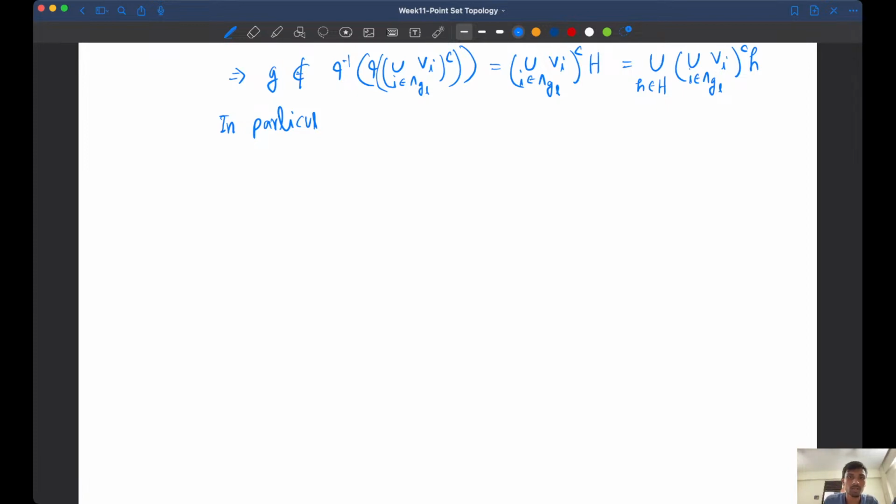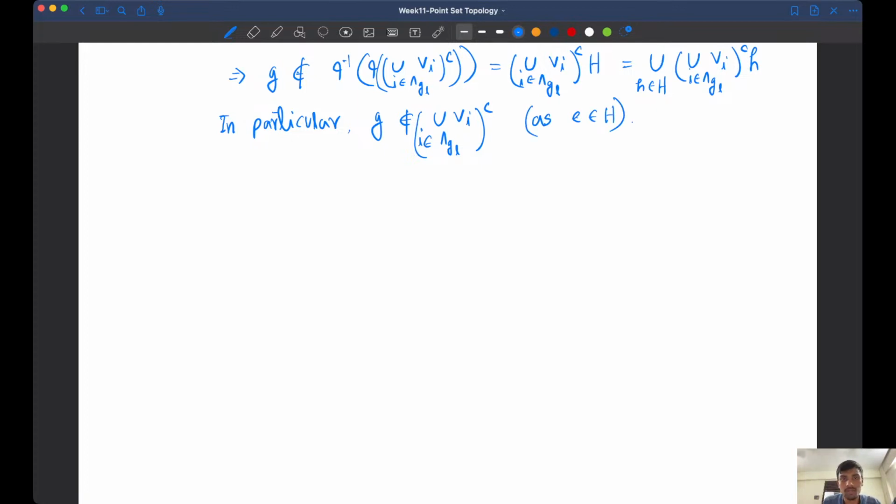So in particular I can say G does not belong to the identity translate of this set, union over I belongs to lambda GL Vi whole complement, as E belongs to H, a subgroup.